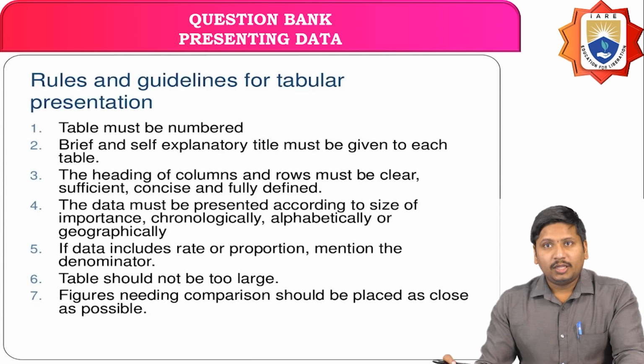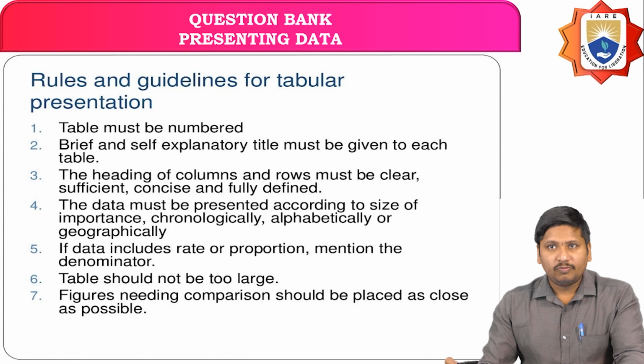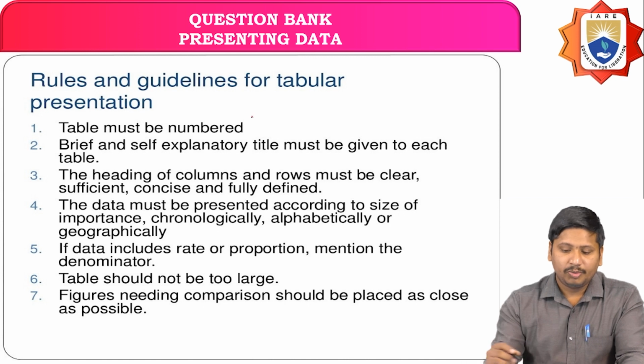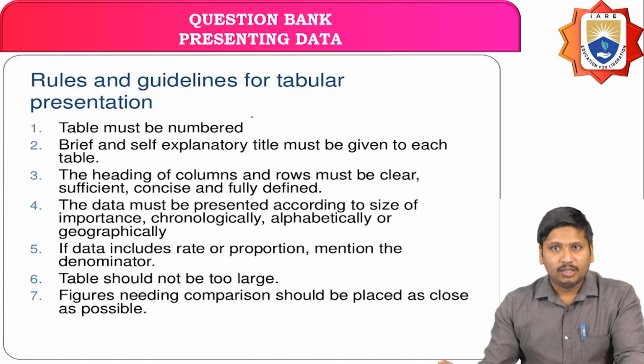Next, what are the rules we have to follow for tabulating presentation? First, the table should be numbered, and a brief and explanatory title must be given to each table. The headings and columns of the rows must be clear, concise, sufficient and fully defined.